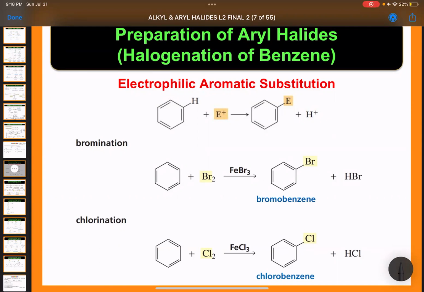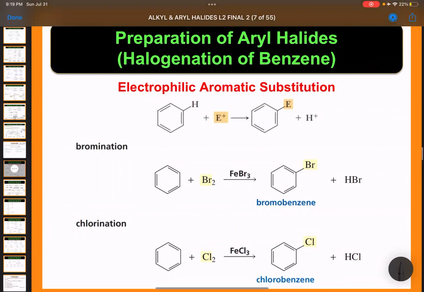So how are you going to attach chlorine to benzene? That's the question. Let me recall how we attached chlorine to methane. What method did we adopt? We used photohalogenation. We use Cl2 and light.